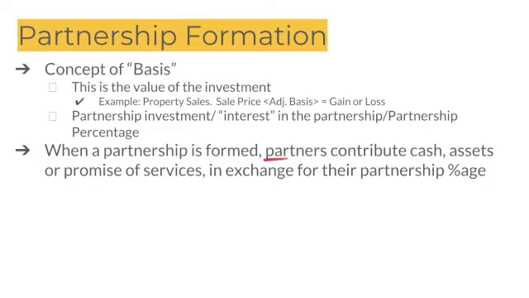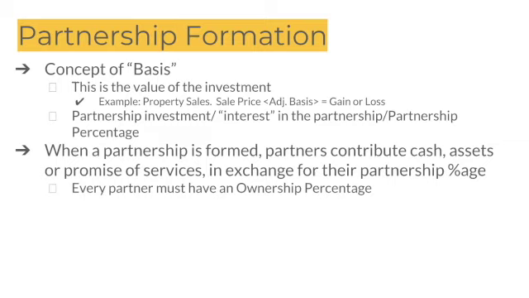A partnership is formed when the partners contribute money, assets, property, or a promise to perform services. That's really common: partners will get together, someone has the assets, someone has the money, and some people are going to do the work. And these days it's really common for them to form an LLC and then to be taxed as a partnership.